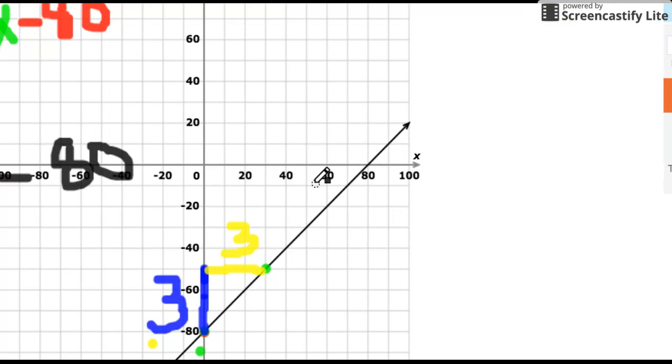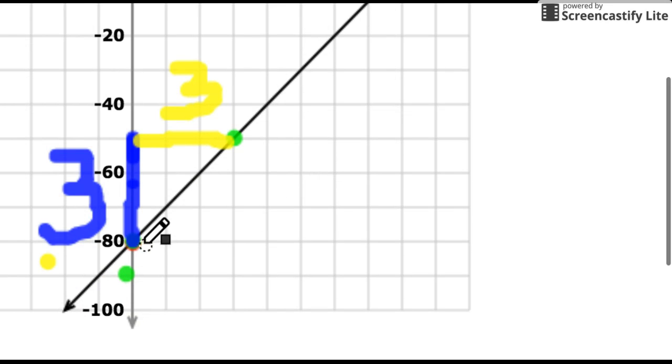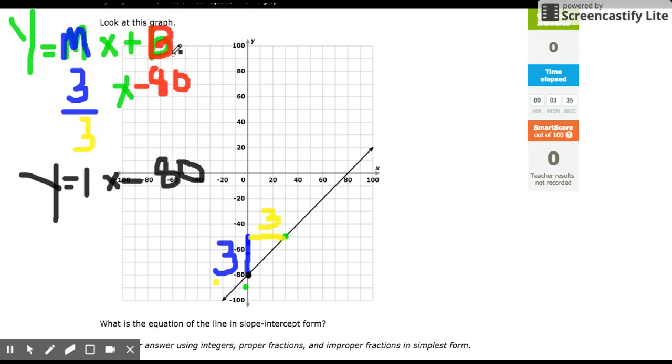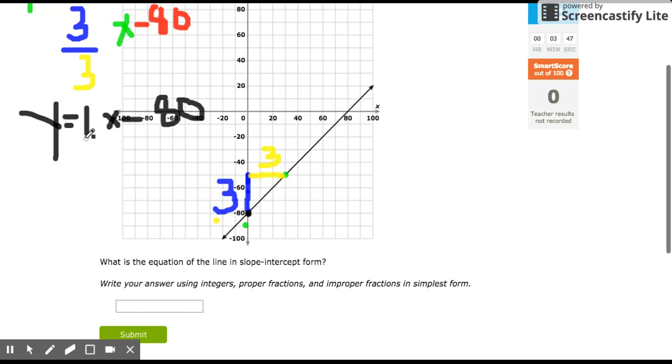So we looked at a graph. You begin with where it intersects. That's your b. That's your number right here. Then you rise and run. Put that number on top of that number, 3 over 3, and you know that simplifies to 1. So the answer could be y equals 1x minus 80. That's a good answer.